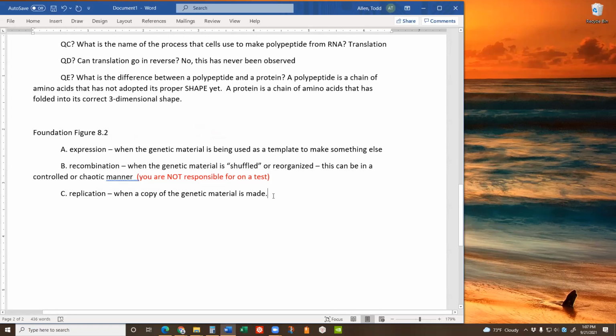Okay. All right. Now, just a gentle warning, and I say this out of the love of a teacher for their students. Every semester I have students telling me that DNA replication is the same thing as gene expression, and it is not.